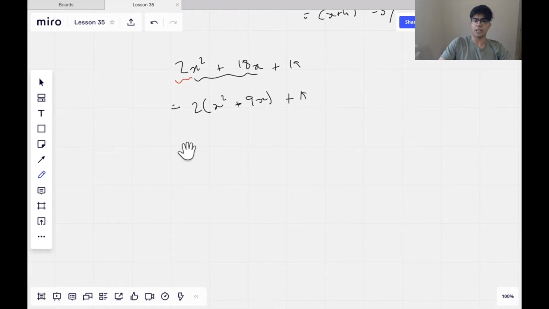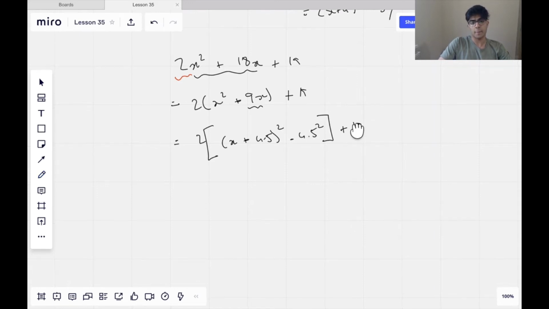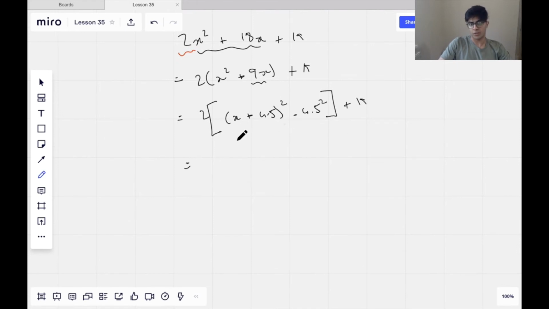And now it's the same algorithm. So you go 2, and then you have this big bracket. In here, you have x plus half of this, so x plus 4.5, and then you square it, then you minus 4.5 squared, and you plus 19, and then you just do what we did before.